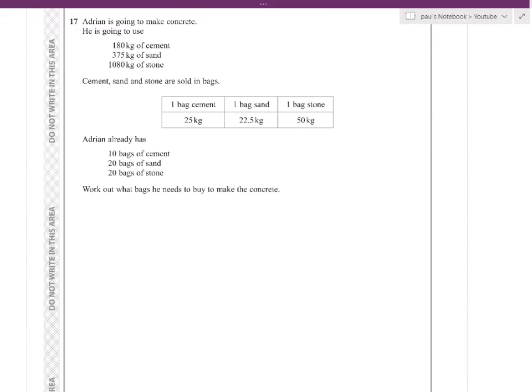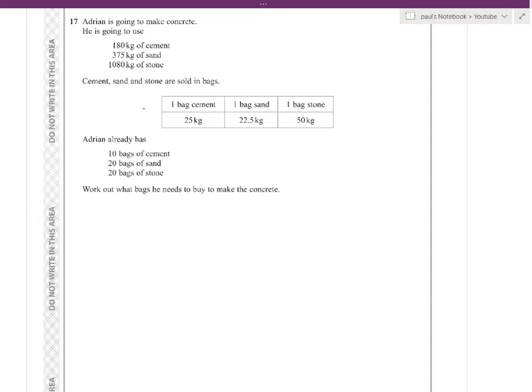Adrian is going to make some concrete. He's going to use cement, sand and stone sold in bags. He already has some of this. Work out the number of bags he needs to buy to make the concrete.